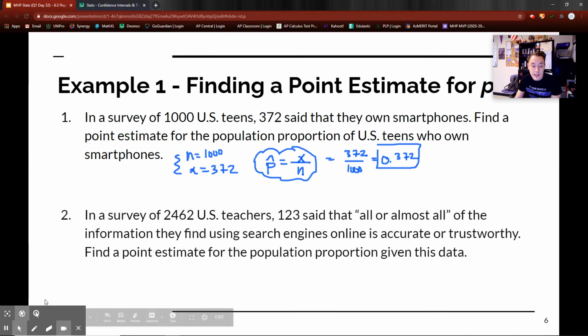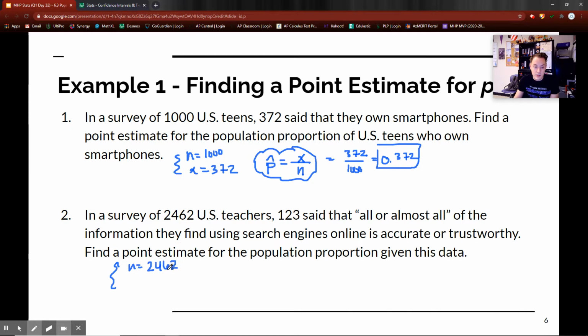And again, a survey of 2,462 U.S. teachers, 123 said that all or almost all of the information they find using search engines online is accurate or trustworthy. Given the same setup, my N is 2,462. That's sort of my quasi population of those people.